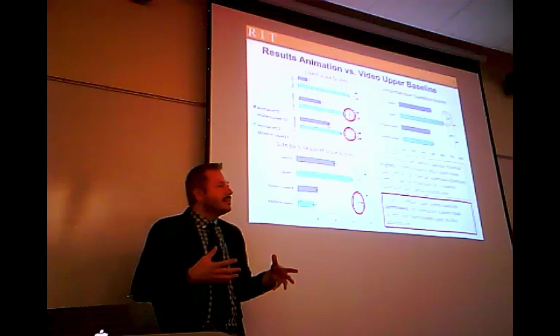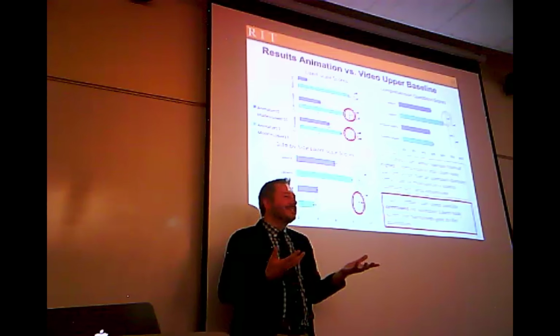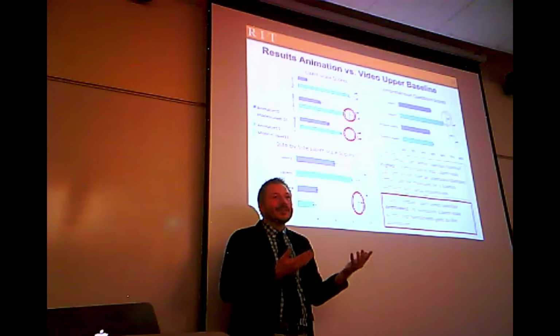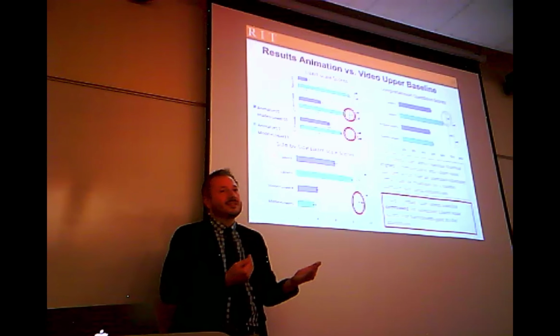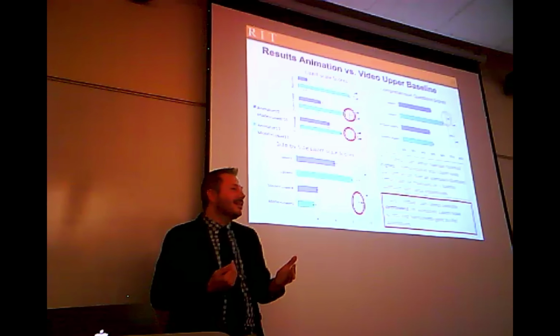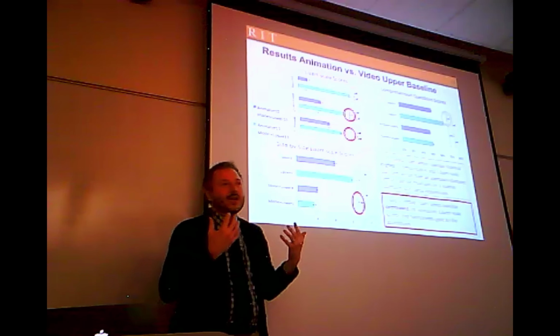If they participate in a study where some of the things are videos of real people, well, that raises the bar. Now suddenly they're extra critical when they look at the animations, and they give those animations lower subjective scores because in the same study, they were also exposed to real videos of people, okay?